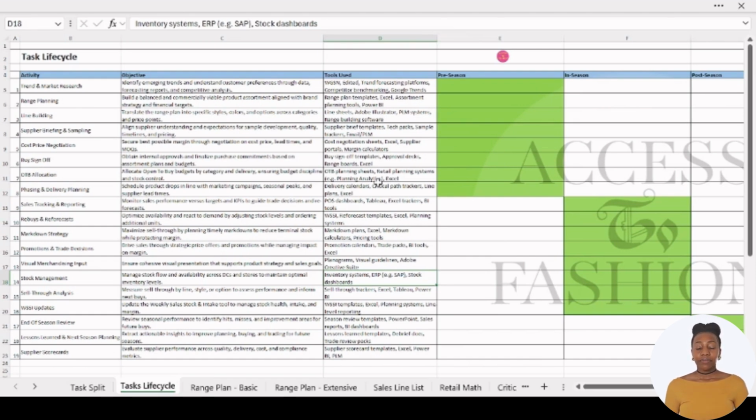So the next thing in your life cycle while you're still in season is your sell-through analysis. And the objective of this is to measure sell-through by line, style, or option, and to assess performance and inform your next buy.